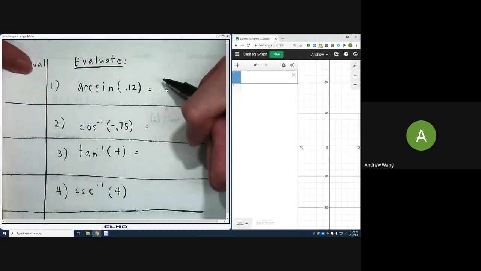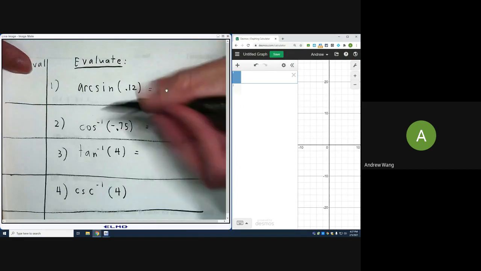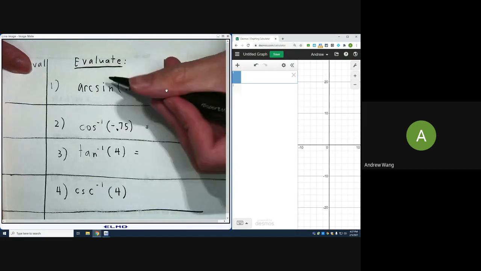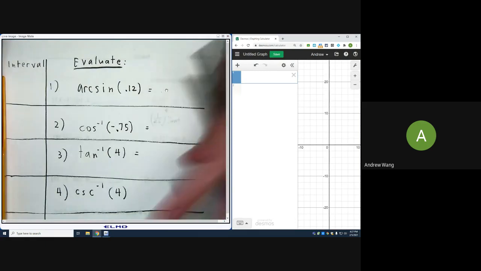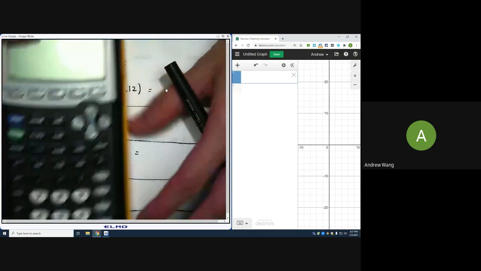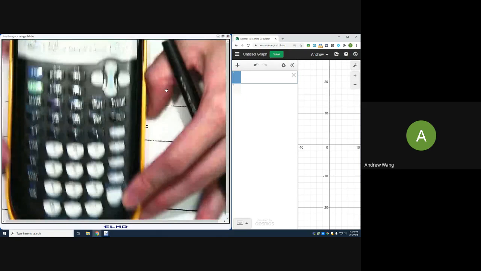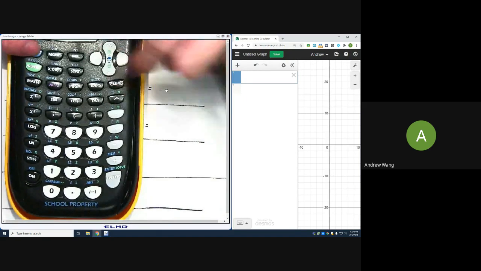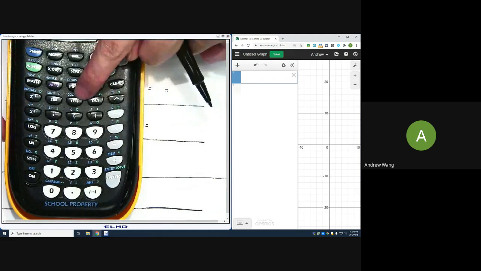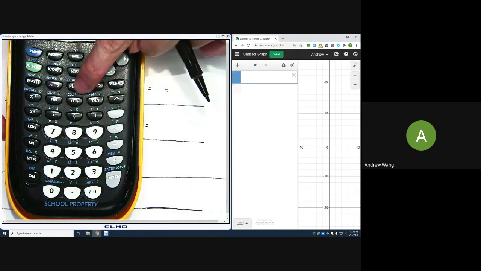All right, so when you do this problem, for some of them, it's very, very basic. If you have arc sine, there is actually a button on your calculator that says sine inverse. If you look above the sine button, where my finger is, you'll see there's a sine inverse there.